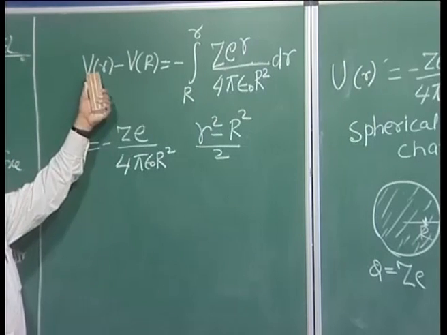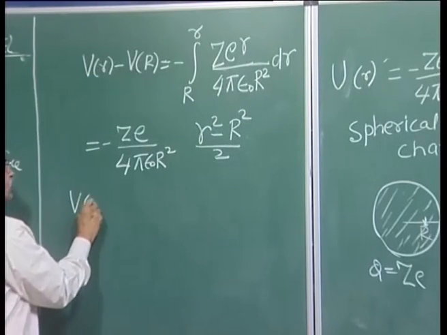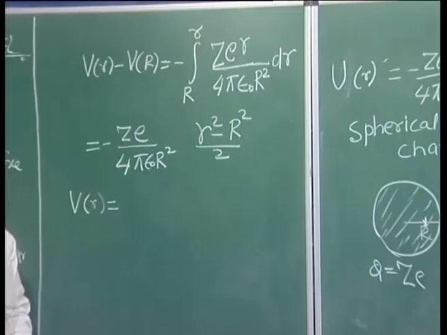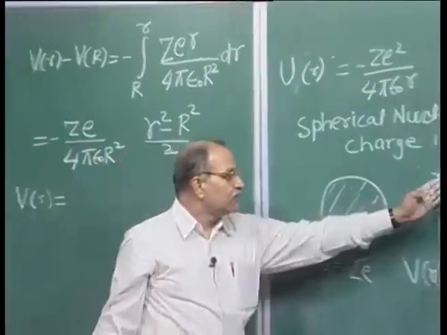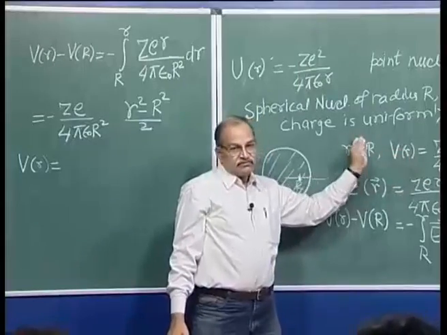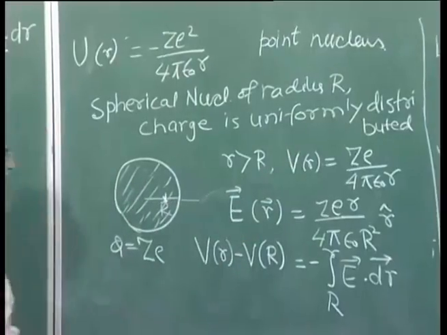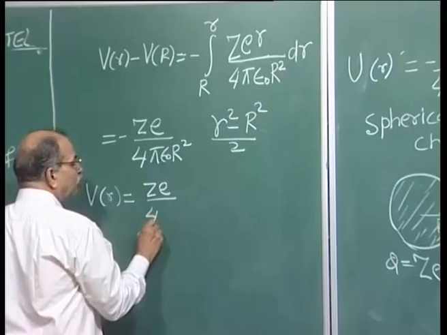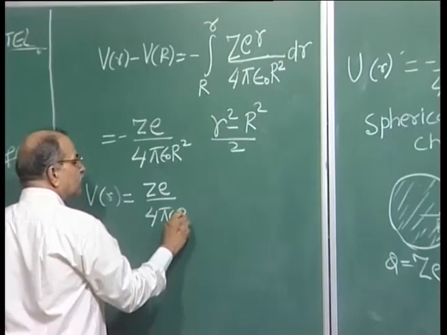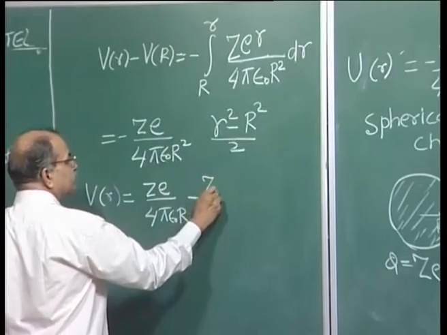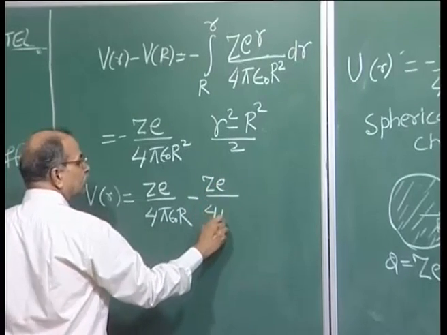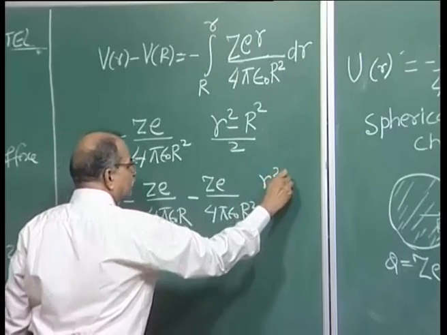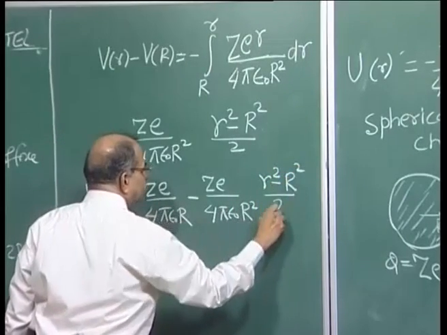And hence this V at r is equal to V at capital R plus this, right, and V at capital R I can write from here. That will be Ze over 4 pi epsilon naught capital R and then minus Ze over 4 pi epsilon naught R square and r square minus R square by 2.